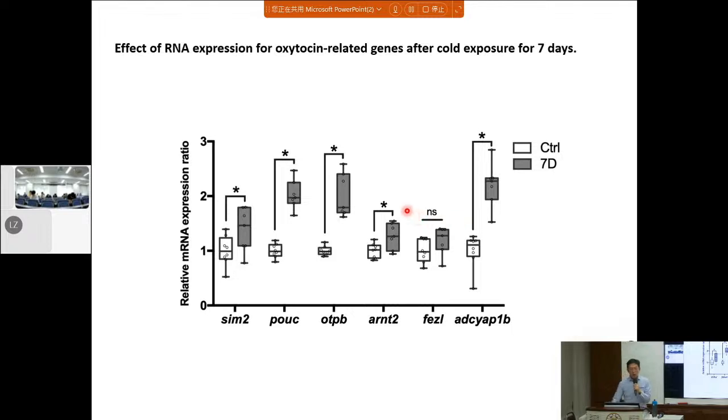Then we tried to measure the mRNA expression in the brain, and we found a set of genes related to oxytocin differentiation. They are all increased after the cold treatment.